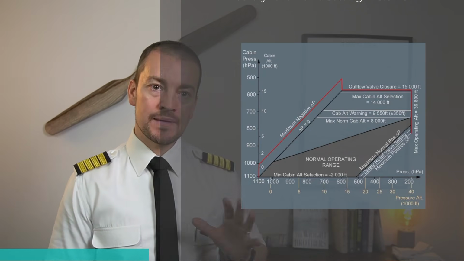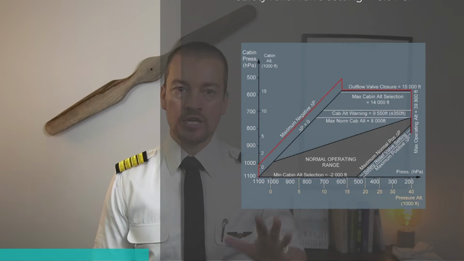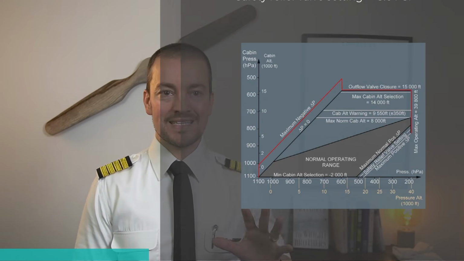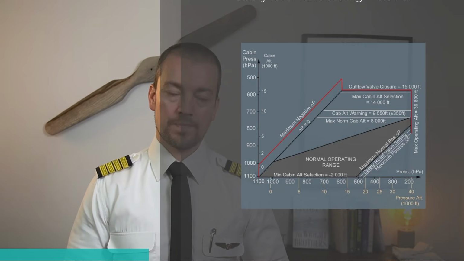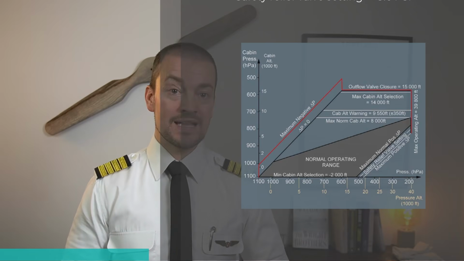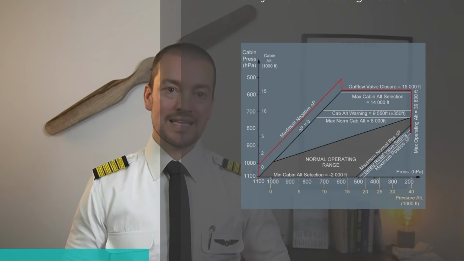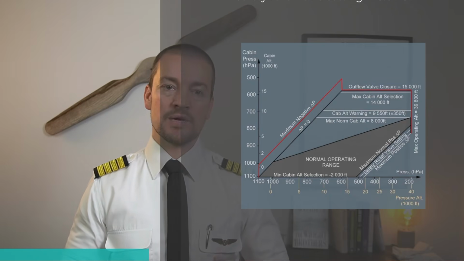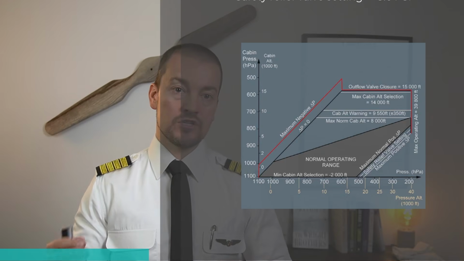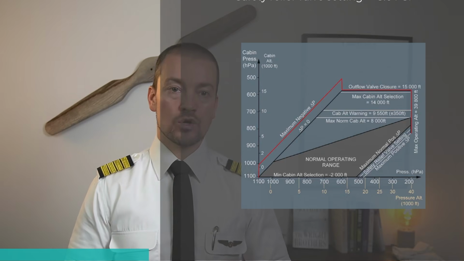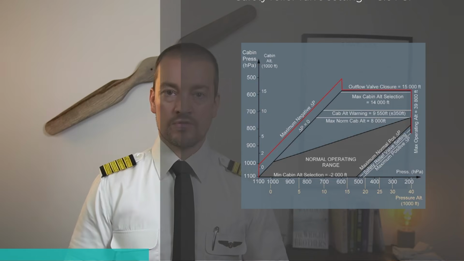That means the environment inside the cabin will not, in normal conditions, exceed 8,000 feet of pressure altitude. We may be flying at 39,000 feet, but the inside cabin environment is limited to 8,000 feet. And that's going to cause a pressure difference between outside and inside close to the limit for the aircraft.